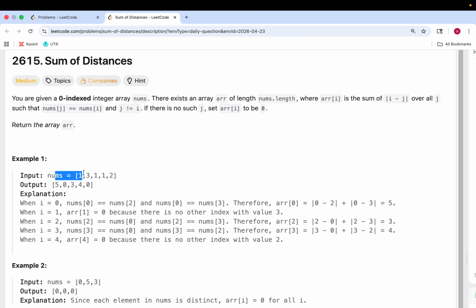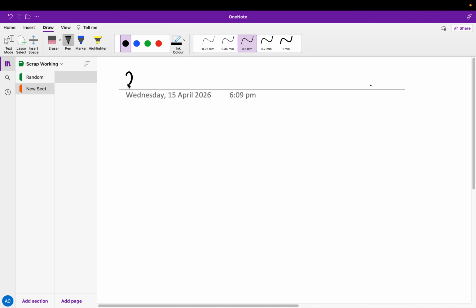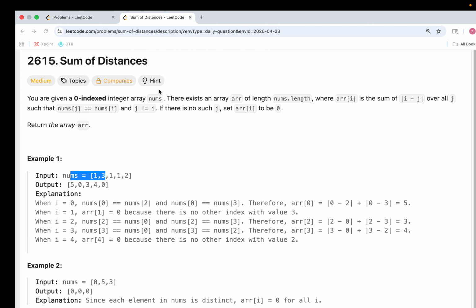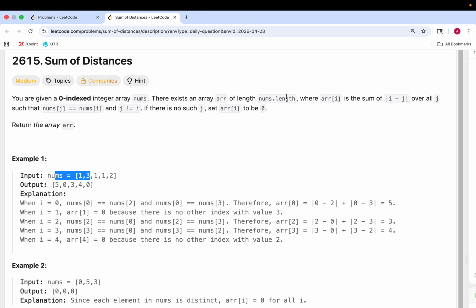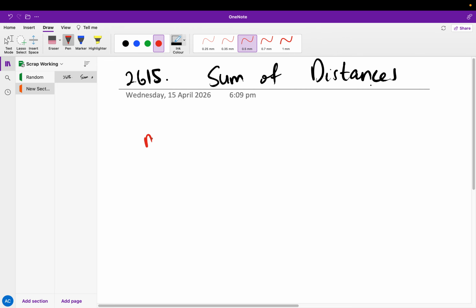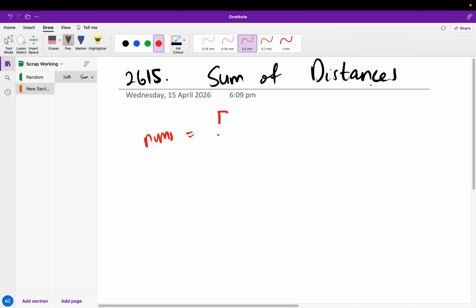So yeah, let me just check this. This is 2615, sum of distances. Fine. And so for example, if you have nums 1, 3, 1, 1, 2, you would expect, so the indices are 0, 1, 2, 3, 4.